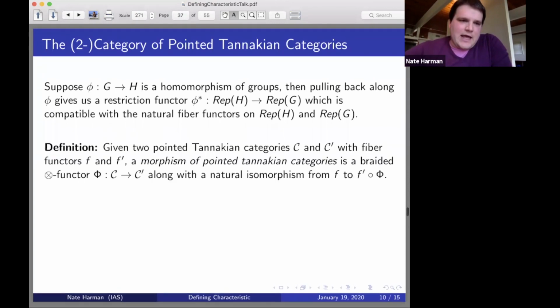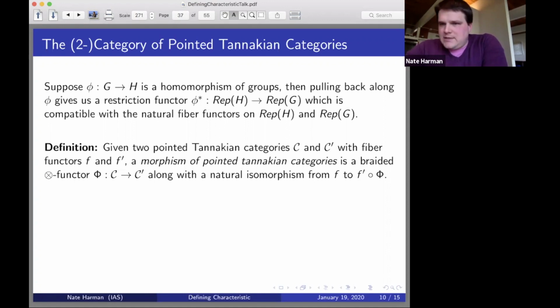So instead, I'm going to define a map between two pointed Tanakian categories as follows. If I have my categories C and C prime with their fiber functors, I'll define a morphism of pointed Tanakian categories to be a braided tensor functor from one to the other, along with a way of identifying the fiber functors, a natural isomorphism from F to the other fiber functor you get by going through C prime and then down.